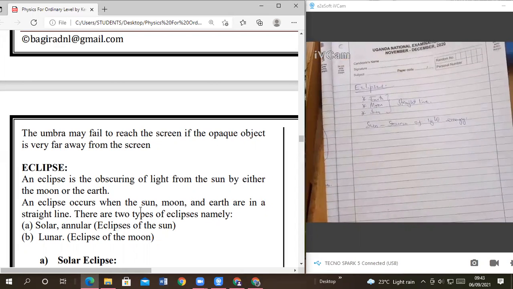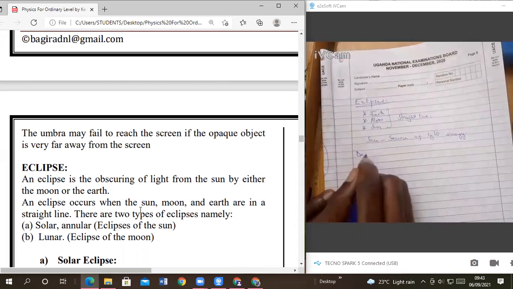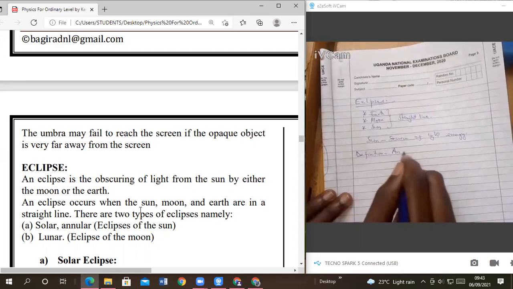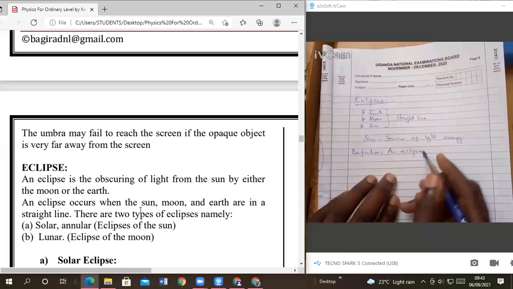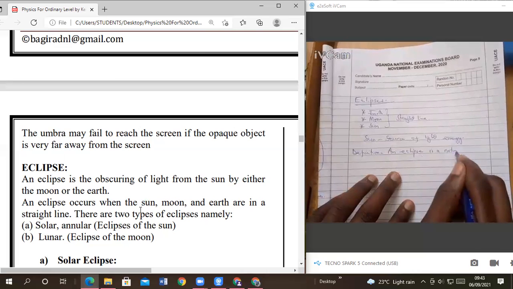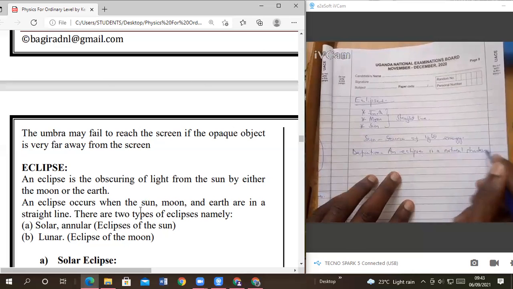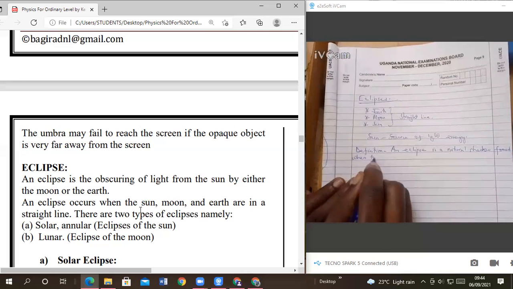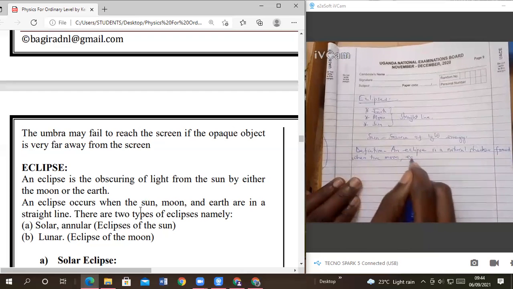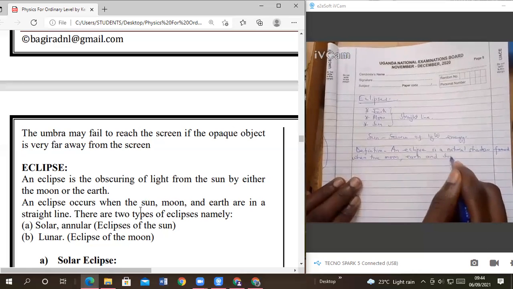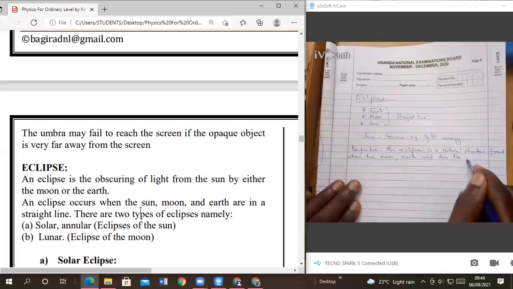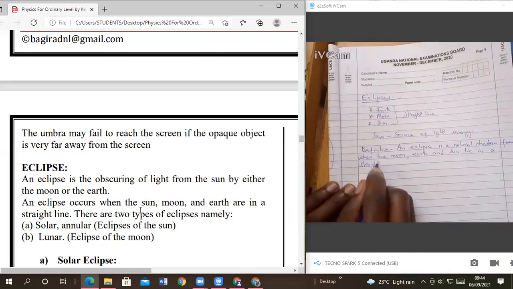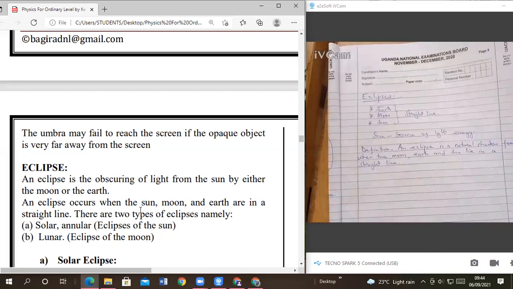You can say, an eclipse definition: an eclipse is a natural shadow formed when the moon, the earth and the sun lie in a straight line. Full stop.